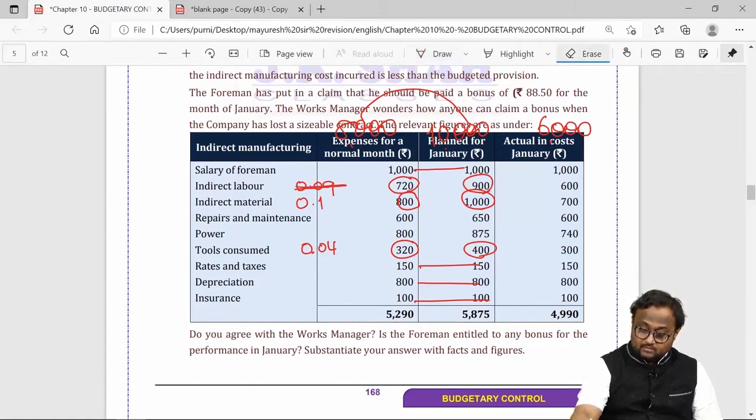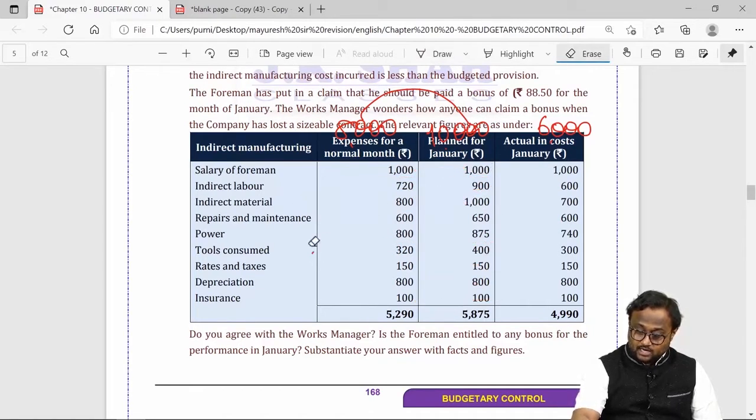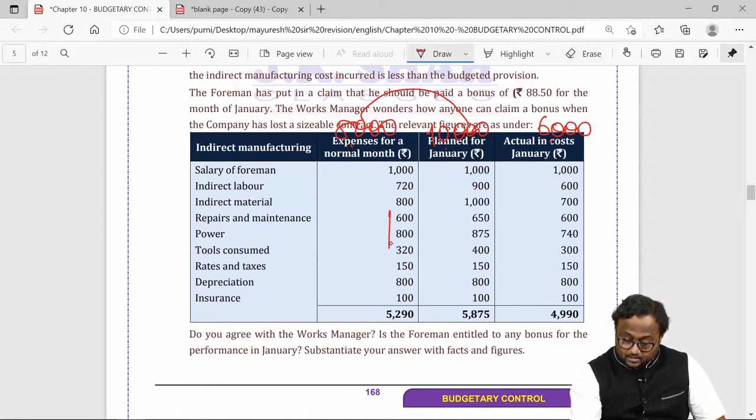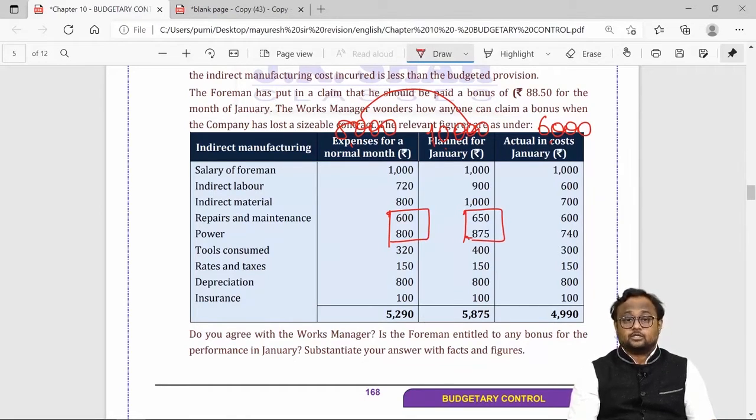So I had 4 fixed cost structures, 3 variable cost structures, and I also had repairs and power, where neither is there a constant total cost nor a constant CPU.